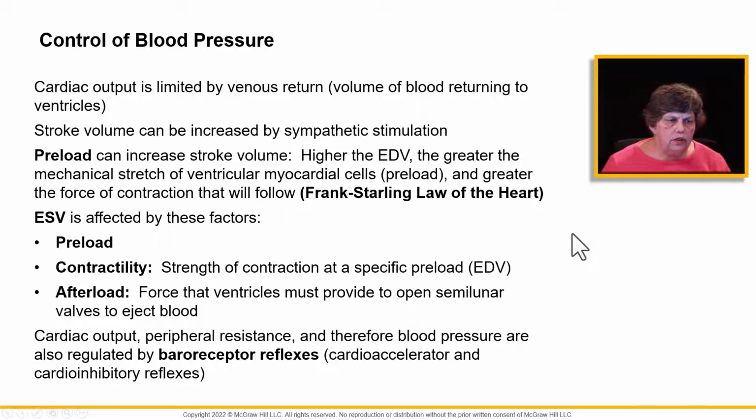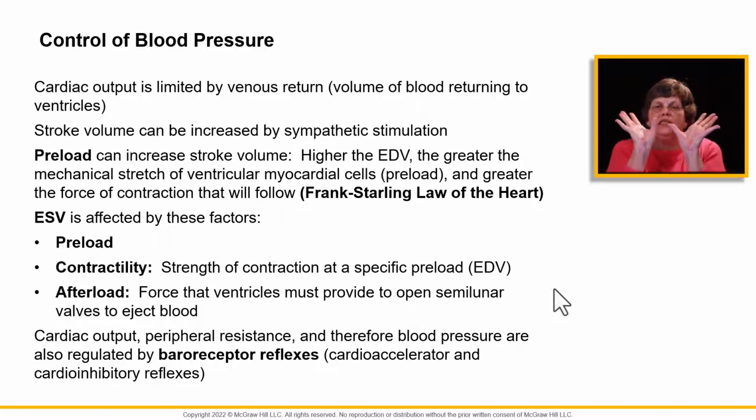So with the end-systolic volume, there are several things that affect it. One is the preload. How much is the heart stretched? The strength of contraction, and then what we call the afterload, the force that the ventricles must provide to open the semilunar valve. Because remember, the semilunar valve closes because of the blood backing up in the aorta and the pulmonary trunk.